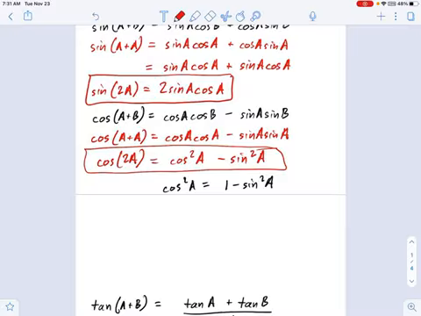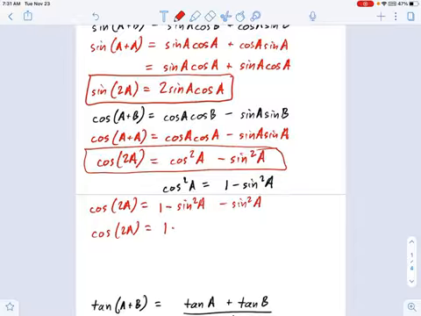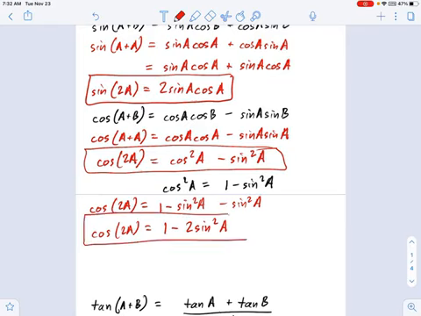So now I can rewrite the identity above as cosine of 2a equals 1 minus sine squared a minus sine squared a. And that means cosine of 2a is equal to 1 minus 2 sine squared a. Okay, and that is the second important form of the double angle identity for cosines.